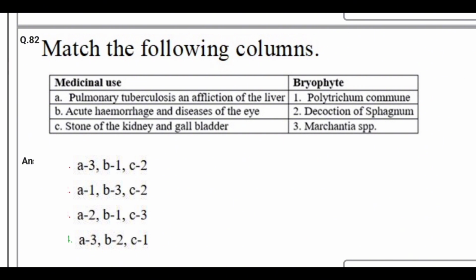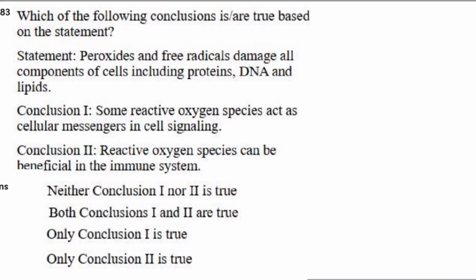Acute hemorrhage and disease of the eye is cured by the decoction of Sphagnum. Stone of the kidney and gallbladder is cured by Polytrichum commune. So the answer is the fourth one. Okay, that is the correct answer. Let's see the next question.